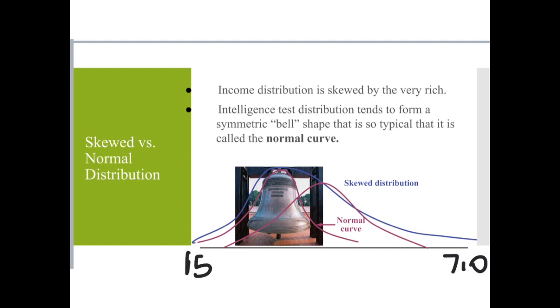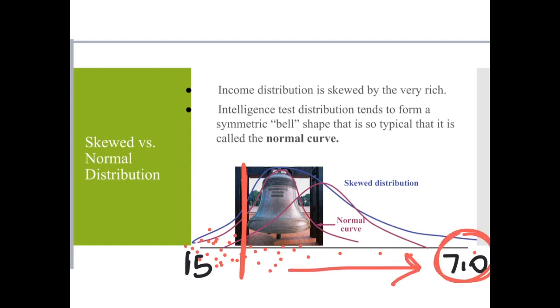We have a lot of people down here, a lot of people here, some people here, and one. While your median is going to fall somewhere over here, because you have this big number here, it's going to skew your data. It's going to pull that average. So income distribution is skewed by the very rich. It's pulled by the very rich.